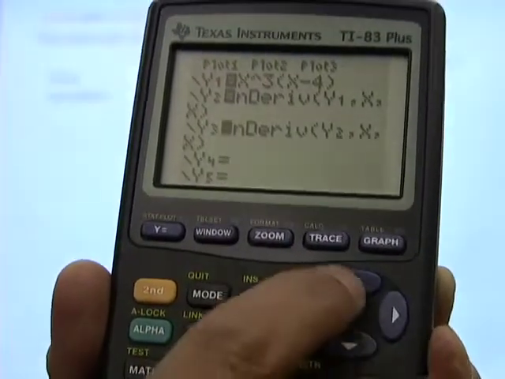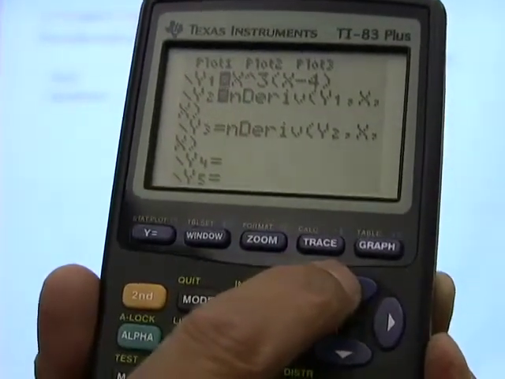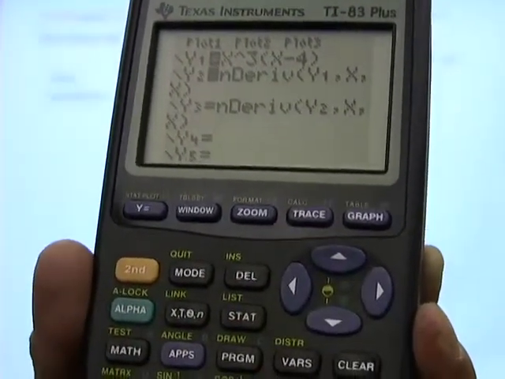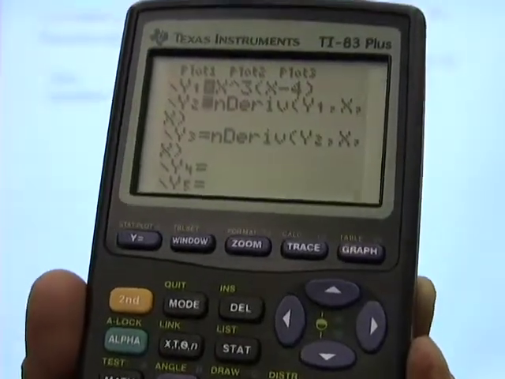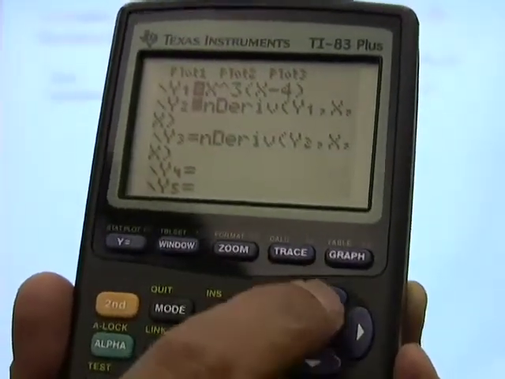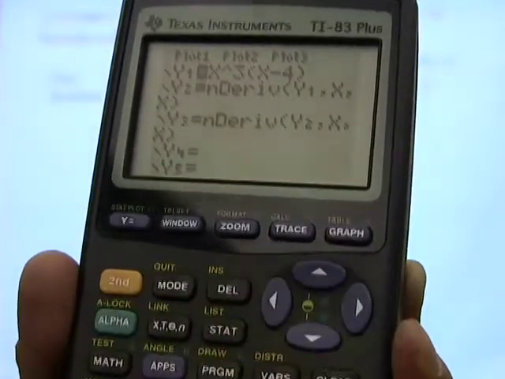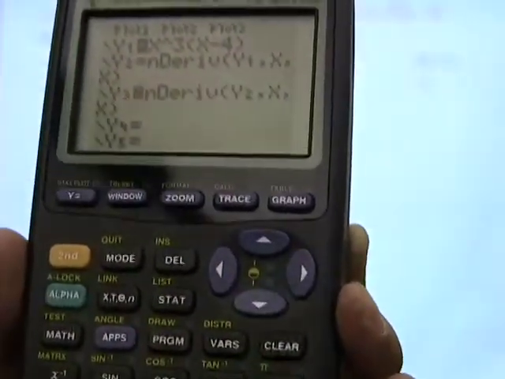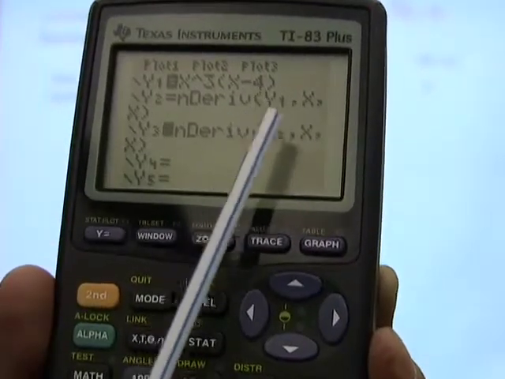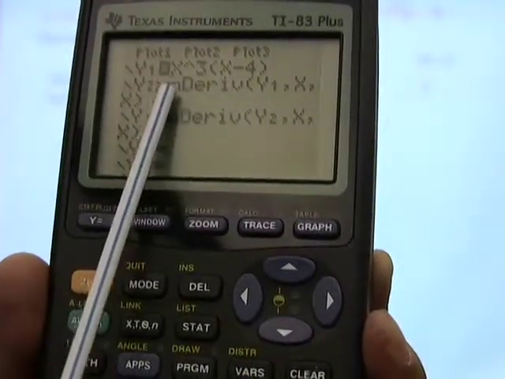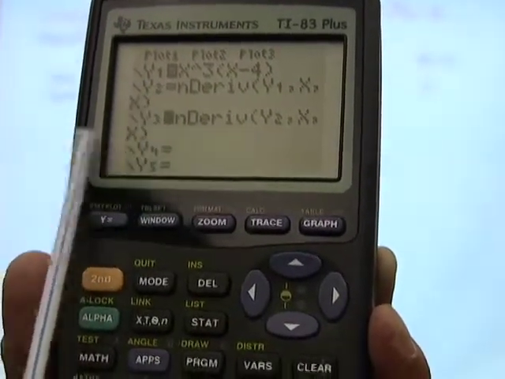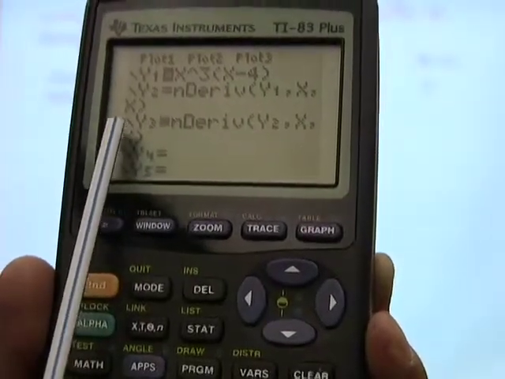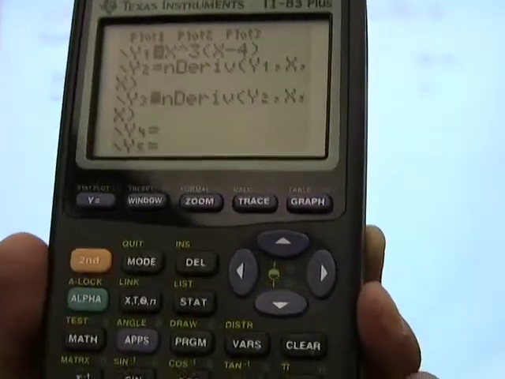Enter there, and you see that is deselected. Similarly, enter on y2 and deselect it. And now when you graph it, only y1 will be graphed. But these expressions will help you to find the values of the first derivative and the values of the second derivative when you need them.